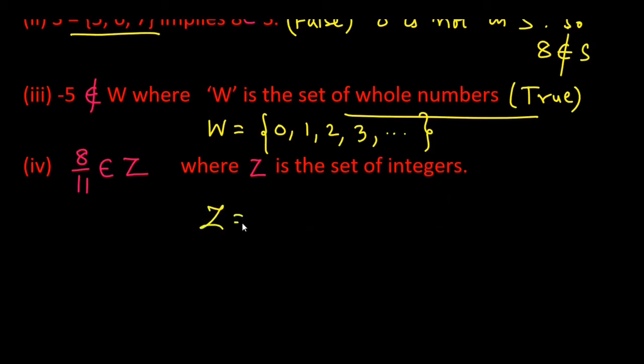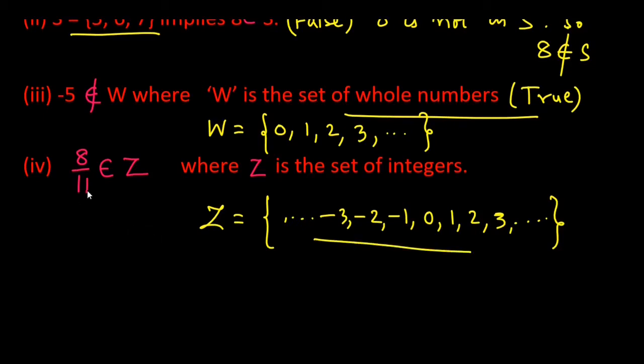Z is the set of integers, negative integers, minus 3, minus 2, minus 1, 0, 1, 2, 3, etc. These are integers. 8 by 11 is a fraction, it is not an integer. So 8 by 11 does not belong to Z, but here it is given as belongs to Z. So this is false.